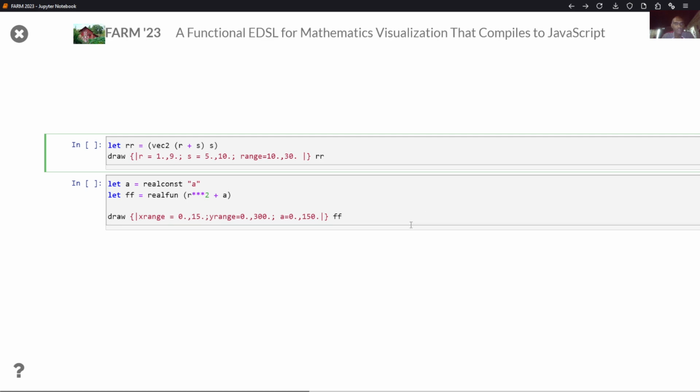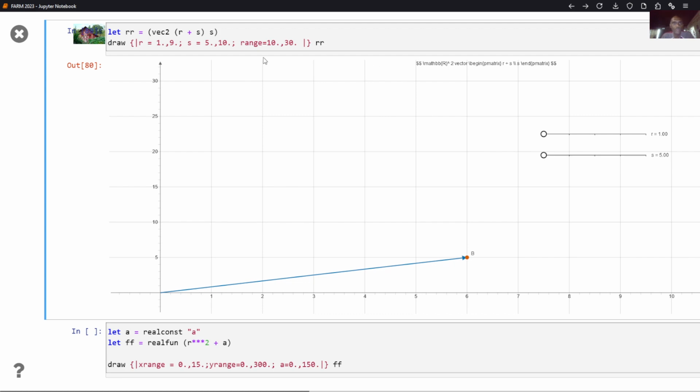We can also visualize things like vectors. Here we're defining a vector, and we want to draw another vector. Let me render this. What we've done is we're looking at a vector, and we define the constants.